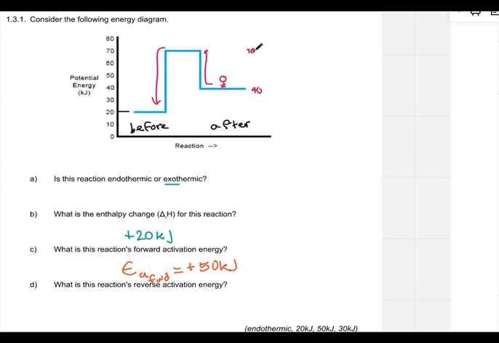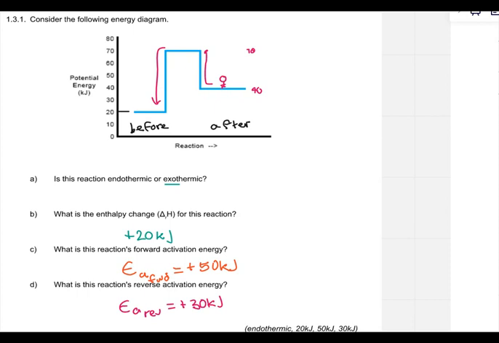From 40 to 70 is a climb of 30 kilojoules, so we could say our energy of activation reverse is plus 30 kilojoules. So the delta H is just beginning to end, and any activation energy is how difficult is it to get over the bump in the middle.